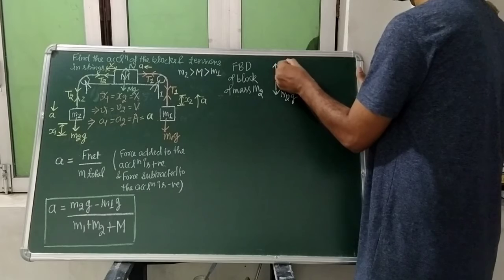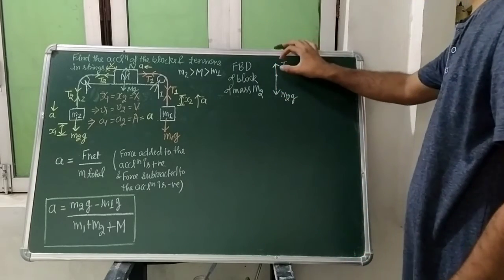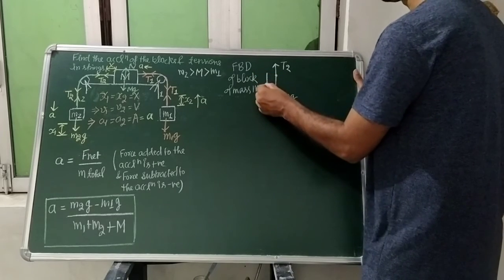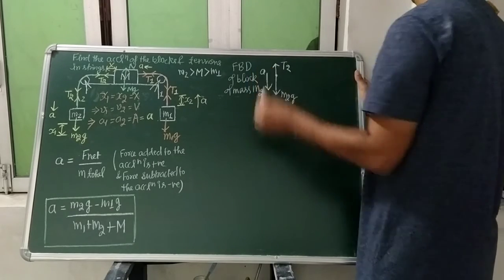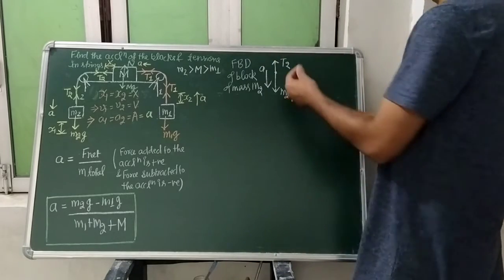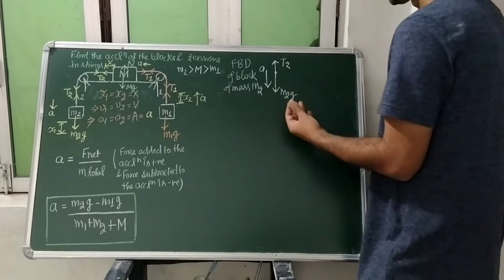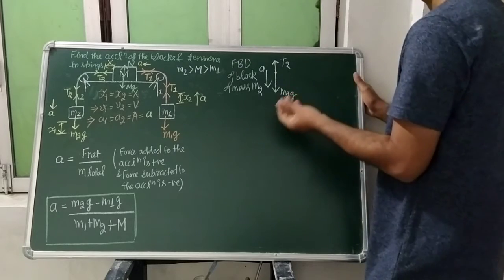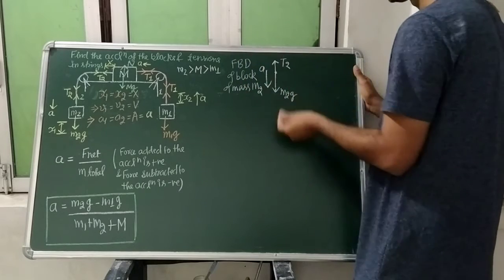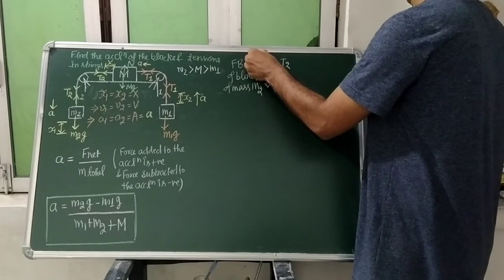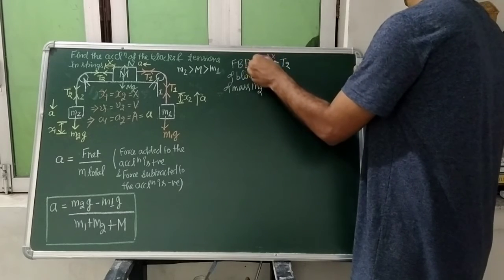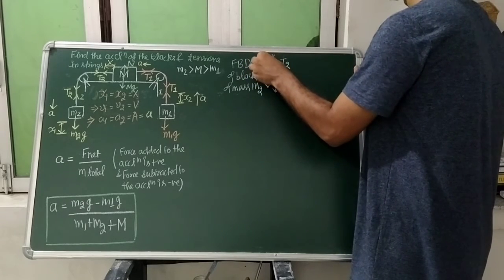Of course, the length of this T2 vector should be small since the block is accelerating downward with acceleration A, isn't it? So the free body diagram will be something like this. No contact is present, so no normal reaction is going to act. And suppose it is accelerating downwards, so I am saying this one is our positive x-axis and this one is our positive y-axis on the downward side.